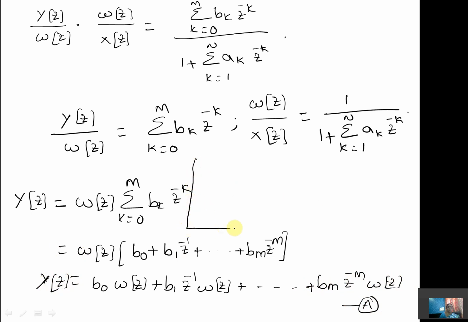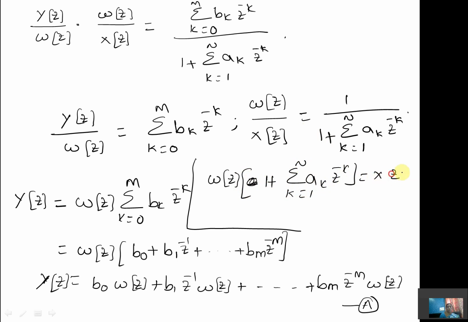Now take the other equation. From this, w of z is equal to x of z divided by 1 plus summation k 1 to n ak z power minus k.